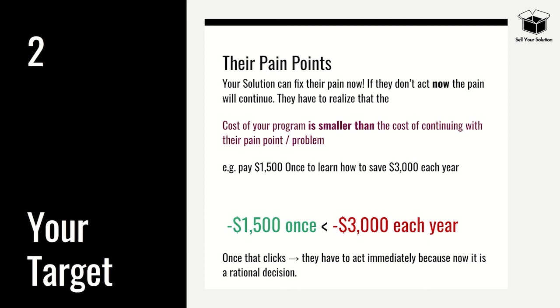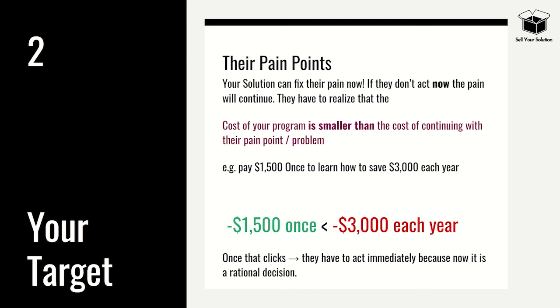If they don't act now, the pain will continue. So let's say for this offer of saving $3,000 a year, every year by the way, to get that process, that method of saving, this will cost them $15,000 once. So already in their first year, they are saving $1,500 just by purchasing the course.